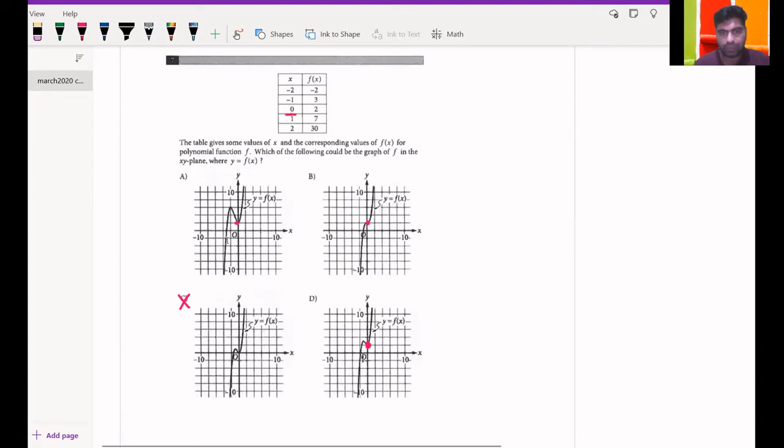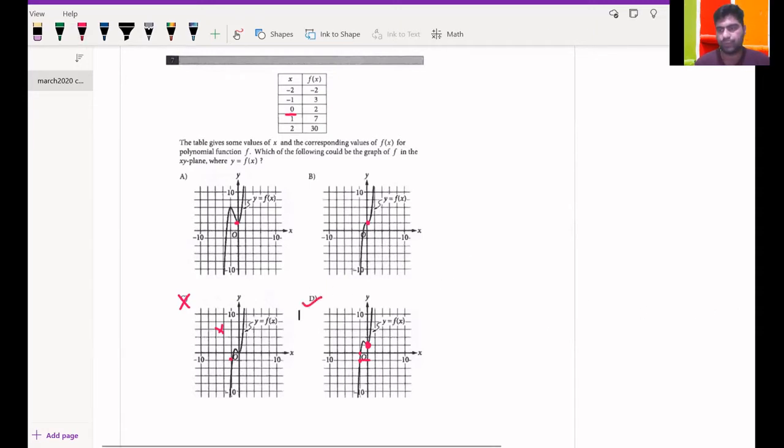I'm definitely not getting a negative 2 on the y here. This is negative 2. I'm getting way more than negative 2 on the y. This is negative 2, and I think I'm getting negative 2 here. But this I have already eliminated. This is negative 2, and I feel as if there is negative 2 here. So the answer is D.